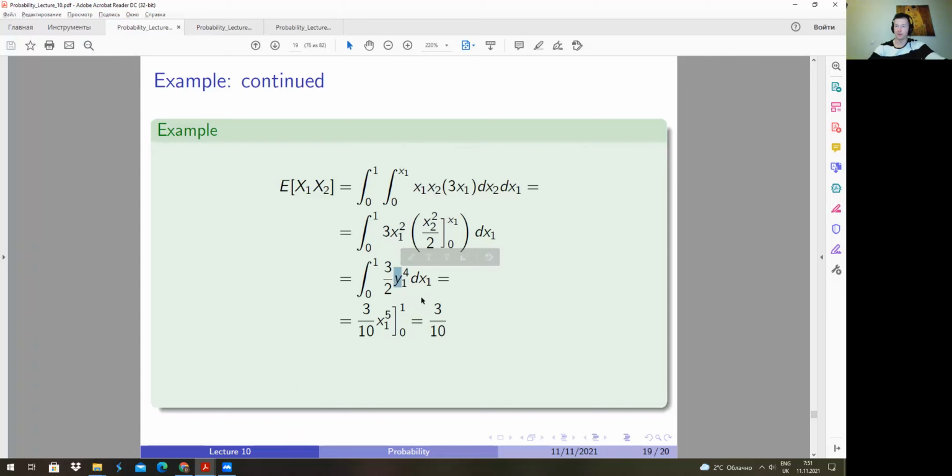So it must be 3x1 squared, and here it's going to be x1 squared over 2, which is 3 over 2 x1 to the fourth. Then when I integrate this, I have 3 over 10 x1 to the power of 5, evaluated from 0 to 1, which is 3 over 10. So finally, I have all the necessary elements to calculate the covariance. My covariance is 3 over 10 minus 3 over 4 times 3 over 8, which is 0.02.